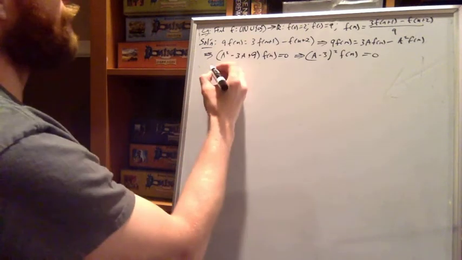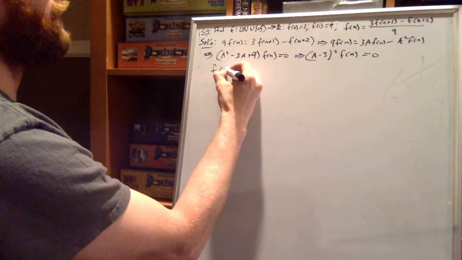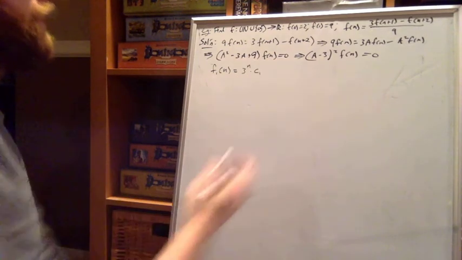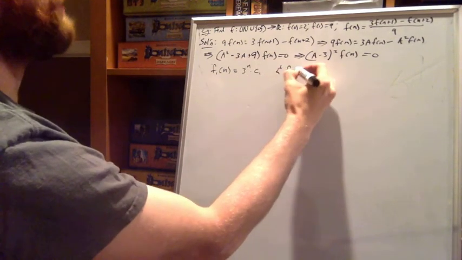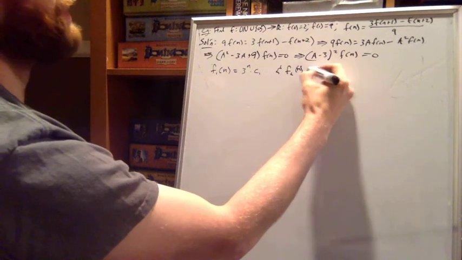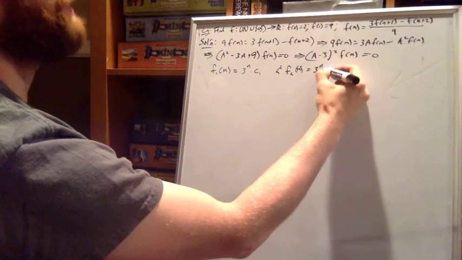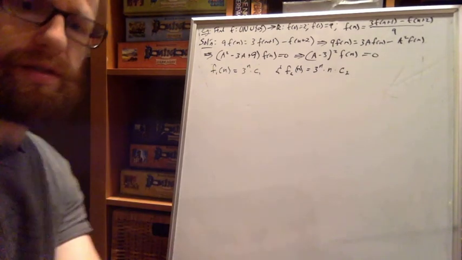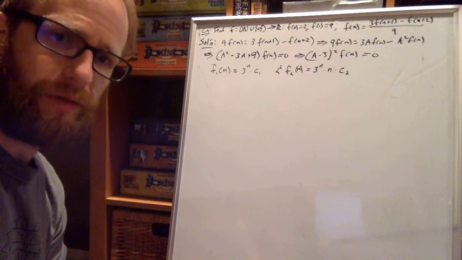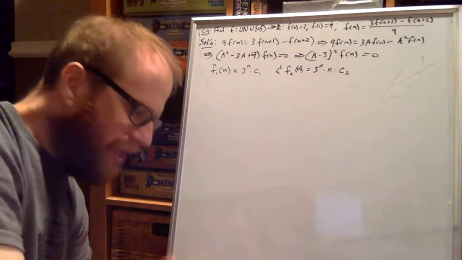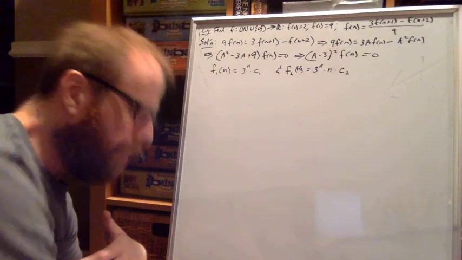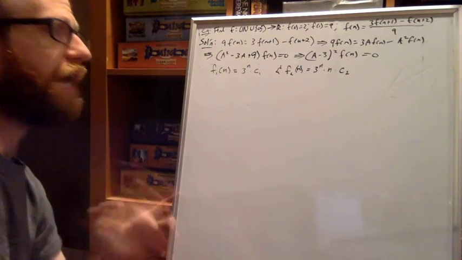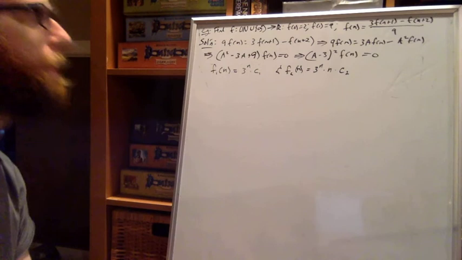Let's let f1 of n equal 3 to the n times c1, and let's let f2 of n be, again, 3 to the n, but now times n times some other constant, c2. So with this, I'm getting both factors of that advancement operator captured in my data here.